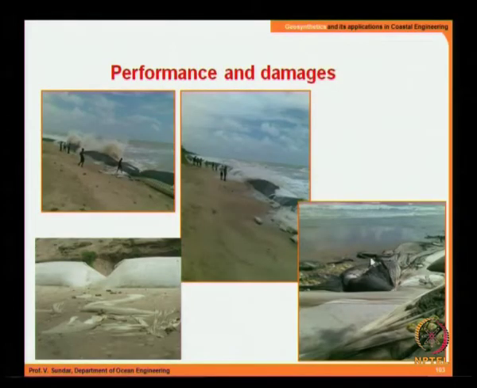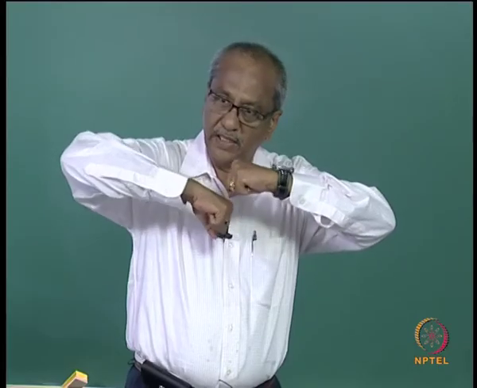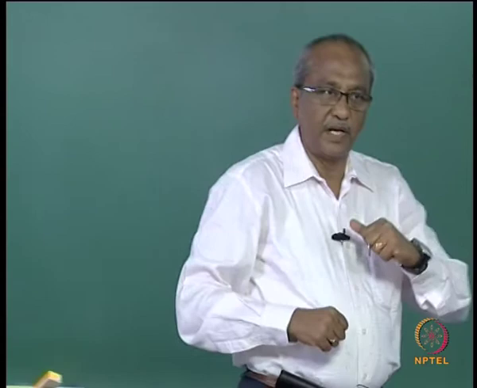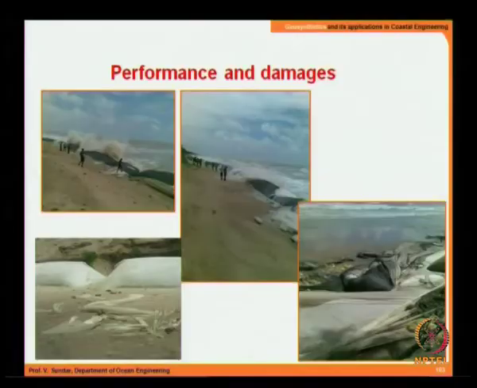For example, there is a gap here, and when there is a monsoon, the water flows through this, and this is a small gap, and hence the velocity increases there, and then you see that one geotube goes below the other, and then you have an unequal settlement, and the geotube itself might yield. So this is one of the major problems which needs to be addressed.